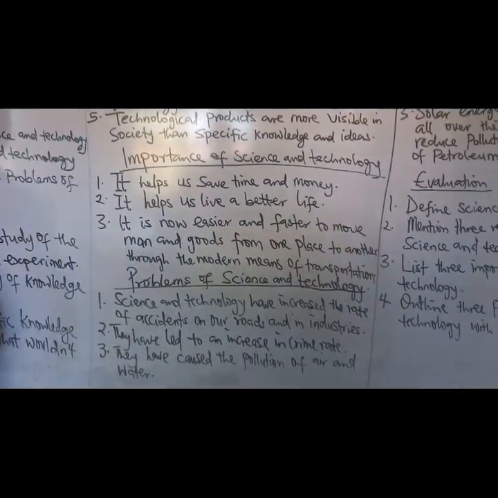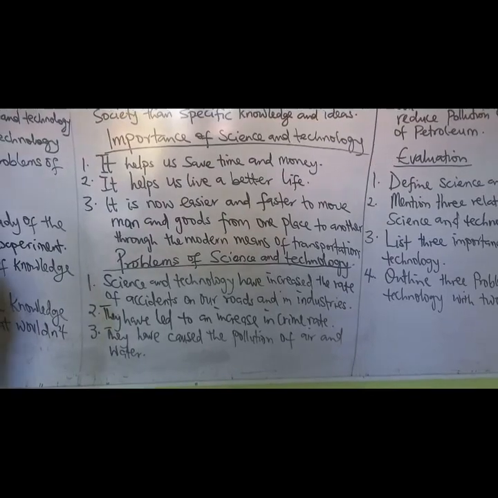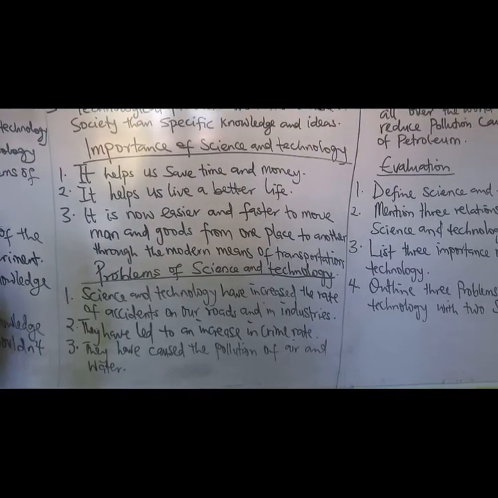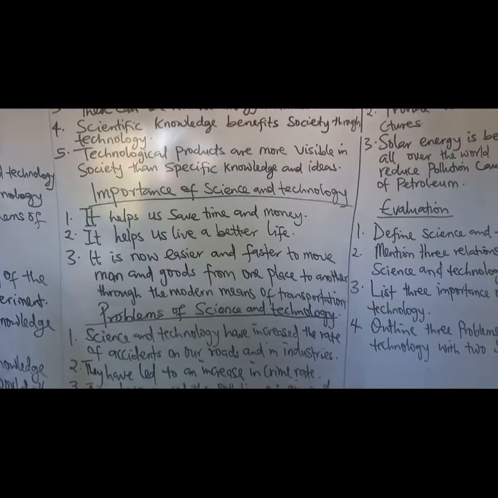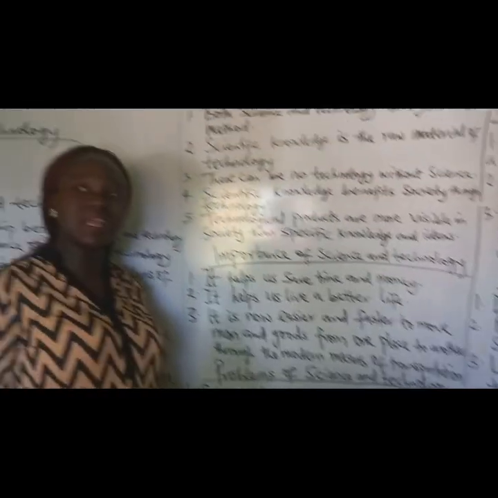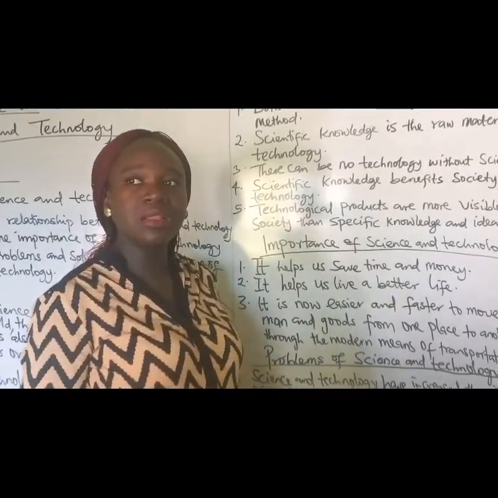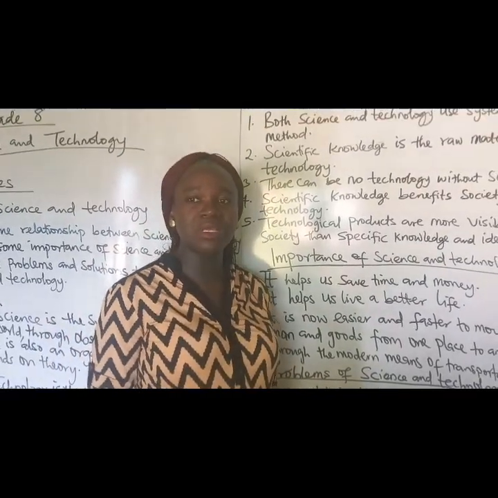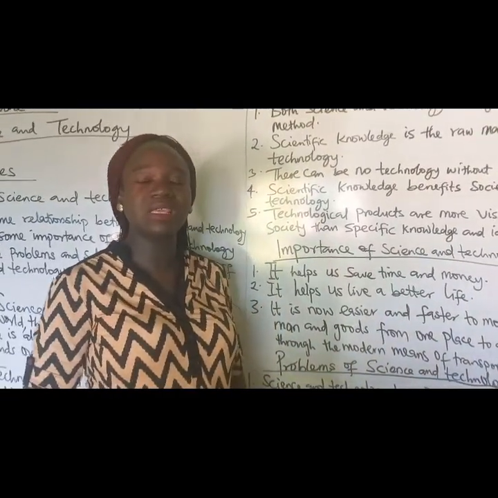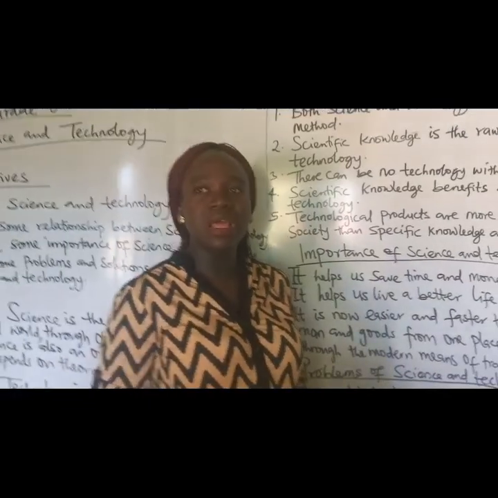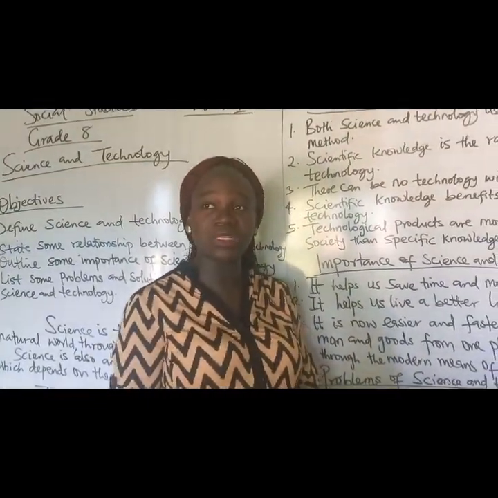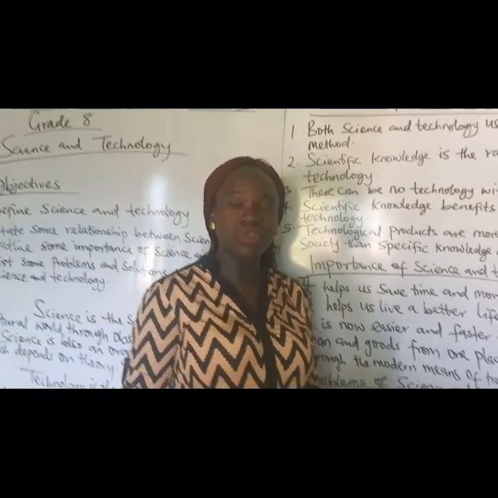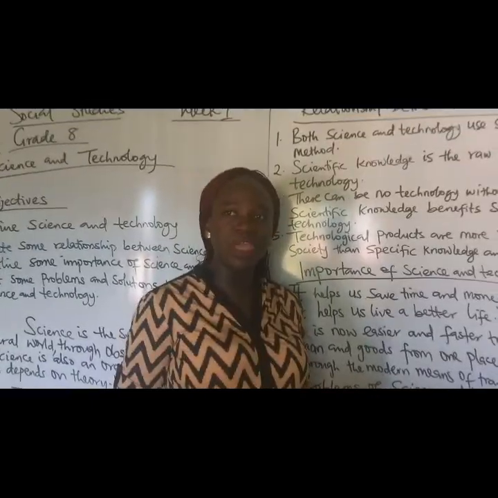When we talk of problems of science and technology, we say that it has increased the rate of accidents on the road and in industry. With the accidents we are seeing these days, the reckless drivers, people that are no longer careful of themselves, it is the work of science and technology, that is, the people that helped in constructing the car and helping us to make use of it.